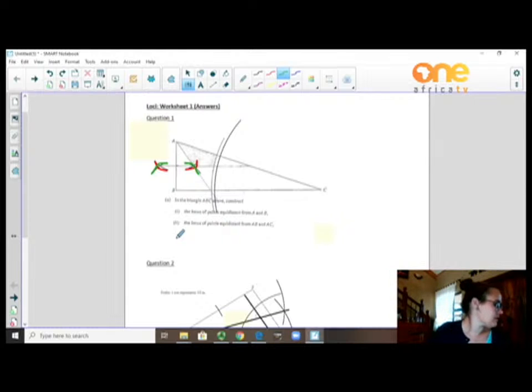Then number 2, the locus of points equidistant from AB and AC. So you need to bisect angle A, which will be this one. So you can bisect your angle here at the bottom with your compass, making it a little bit larger.